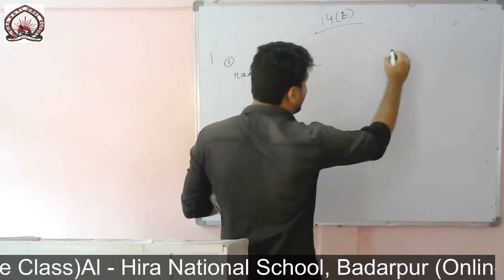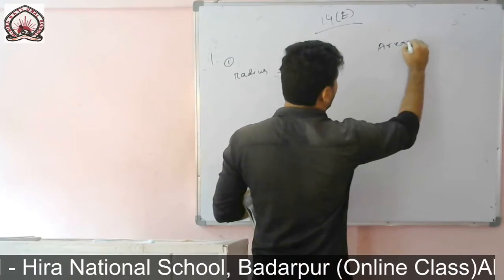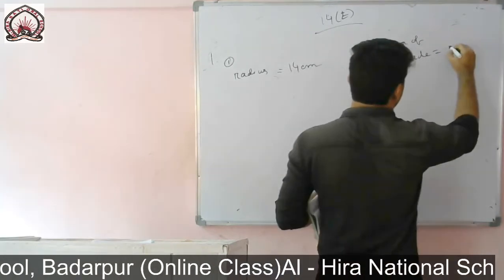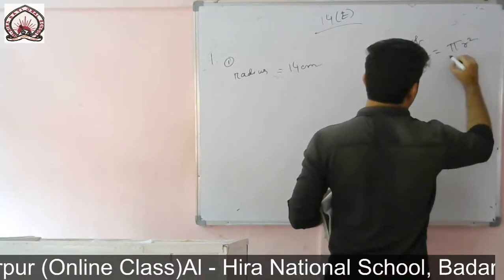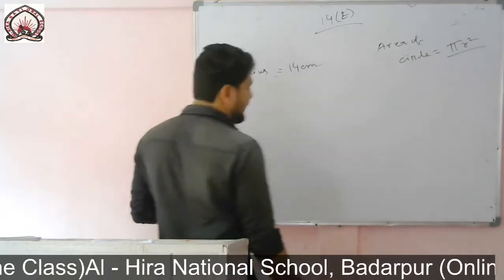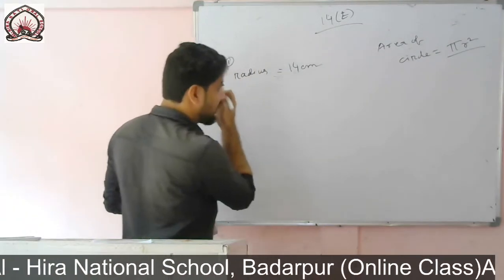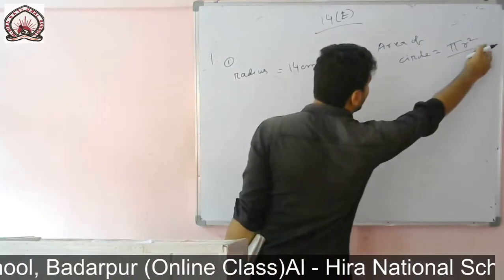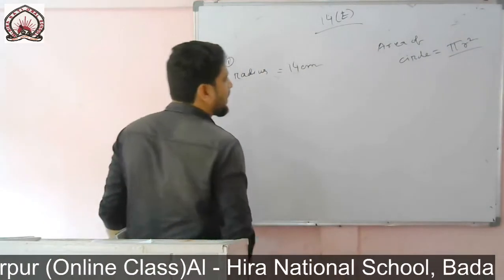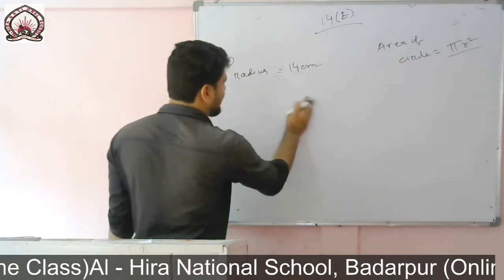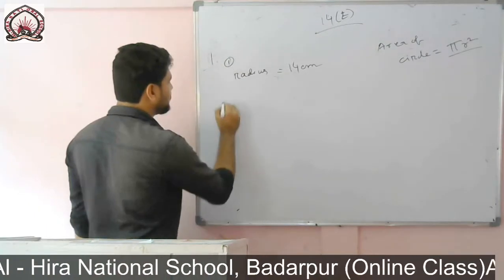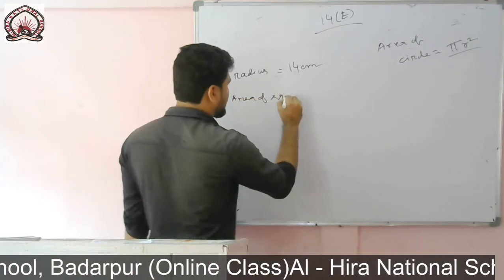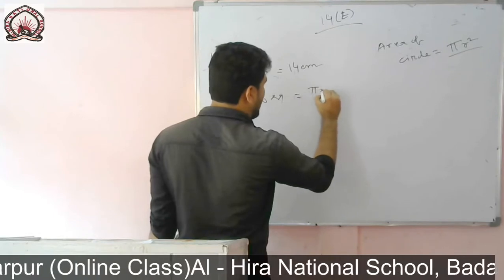The formula for the area of a circle is area equals pi r square.